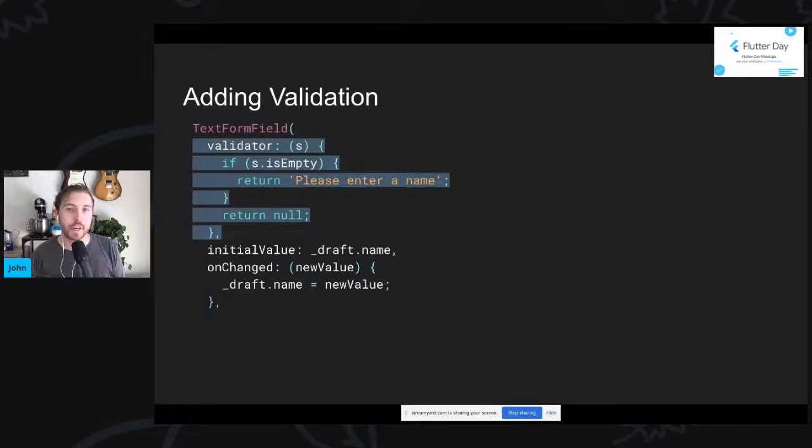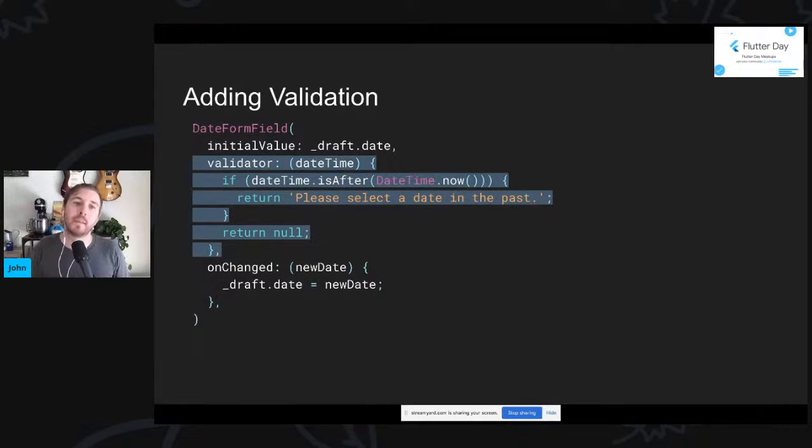By returning a string, I'm saying, show this message, something's not right. The same is true for the date form field. We built this widget from scratch, but we're passing through the validator, so anyone using this widget can pass in a validator. We're going to do the same thing as before: did the user select a date that's after today? If so, we're going to tell them not to do that.